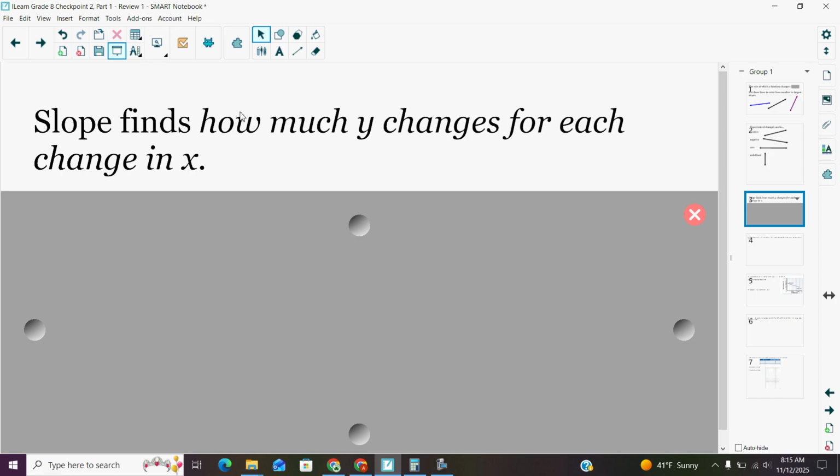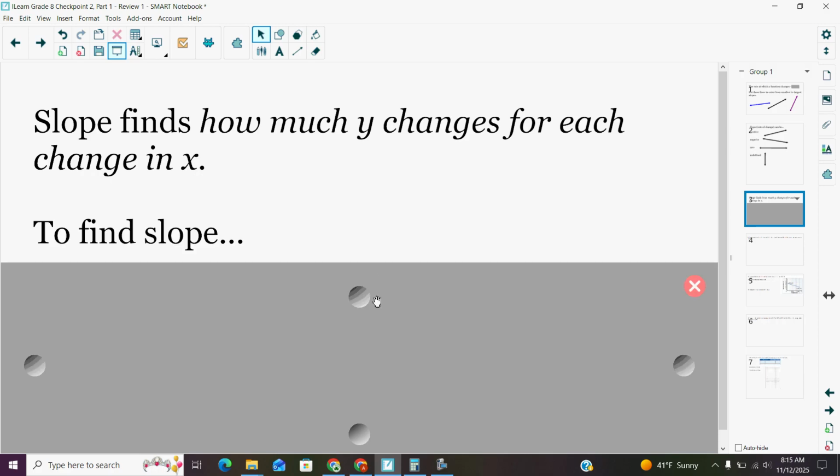Slope is always finding how much the y value changes for each one change in x. Each time we change the x value by 1, the amount that the y value goes up or down is the slope. How much does y change for each change in x?